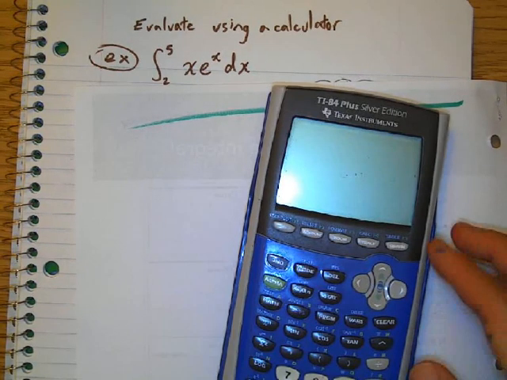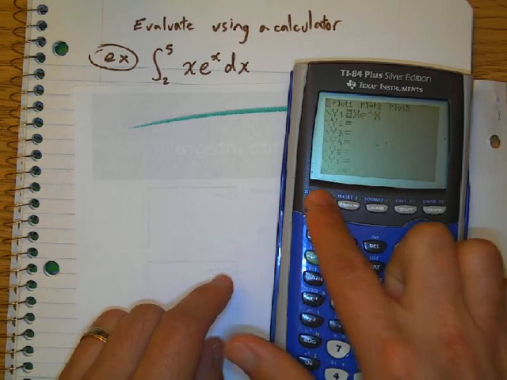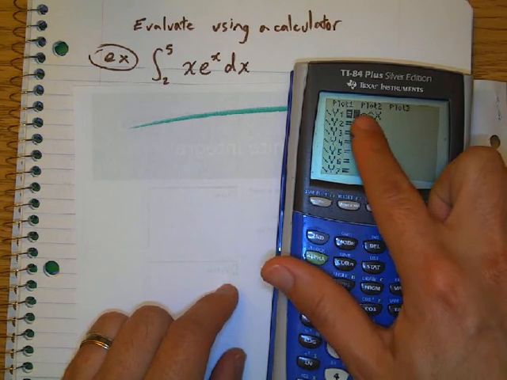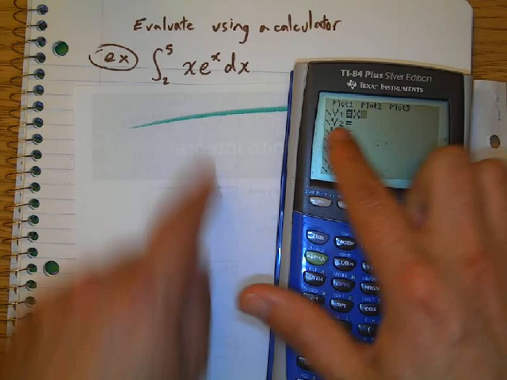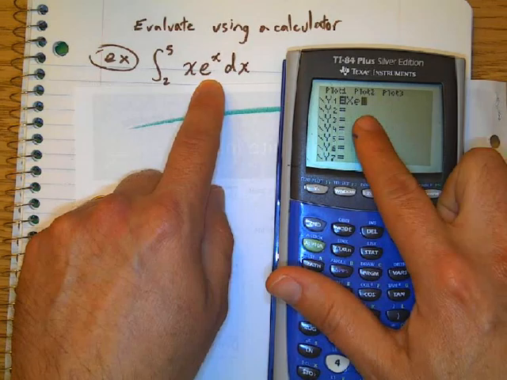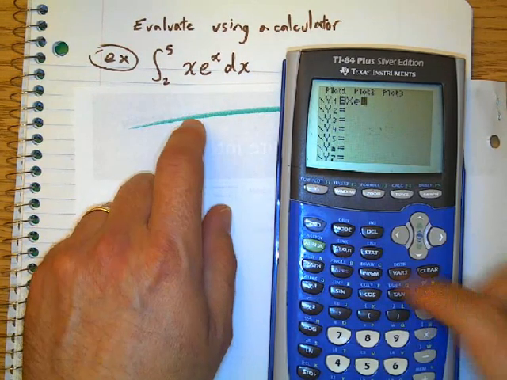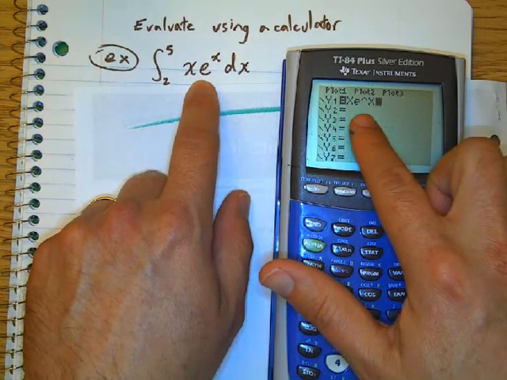So the first thing we're going to do is get out our calculator, hit y equals, and type it in here. So x, and then how do I get the e here? You can hit second divide, and that gets me the e. And then I do power to the x. So there's my function, x times e to the x.